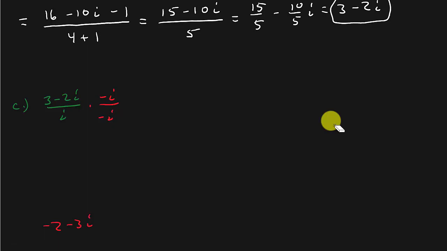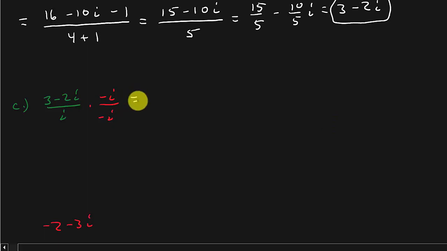So let's work it. Let's distribute the -i. So that's -3i plus 2i squared. -i times 3 is -3i. -i times -2i is +2i squared over -i squared. i times -i, negative times positive is negative, and i times i, that's i squared.